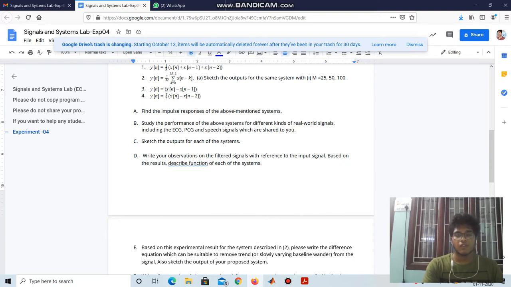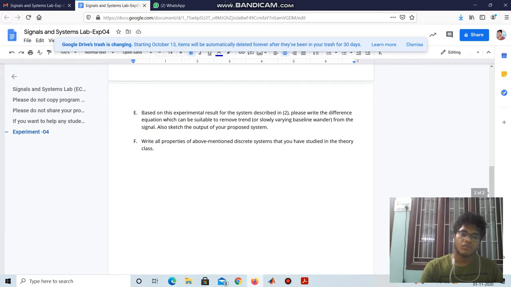After performing convolution, we have to classify each system according to their behavior as high pass filter and low pass filter, and after that we have to perform the trend removal operation from a given signal. For performing trend removal operation, we have to use some algorithm which we will be discussing later. After that, we have to mention all the properties of the above mentioned discrete systems.